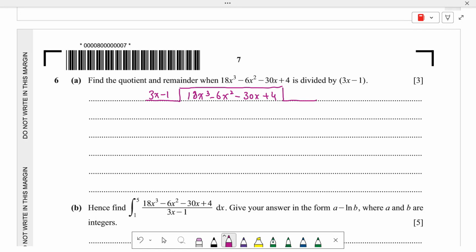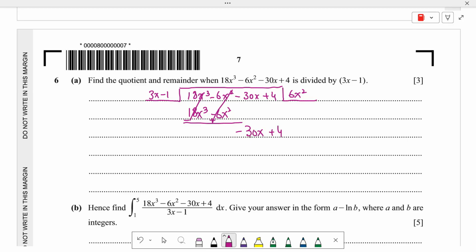Okay, to make 18x cube, 3x should be multiplied with 6x square. So 3x times 6x square is 18x cube, and negative 1 times 6x square is negative 6x square. So we have negative 30x plus 4.